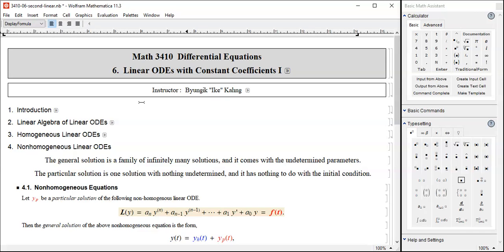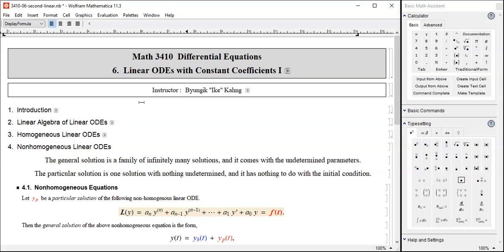Now, the particular solution, that's different. It's just one solution. It's one function, so there's nothing undetermined. If there were any undetermined coefficients, then change this value, and you're going to get more than one function. That's not the case. A particular solution is just one function, so there's nothing undetermined.